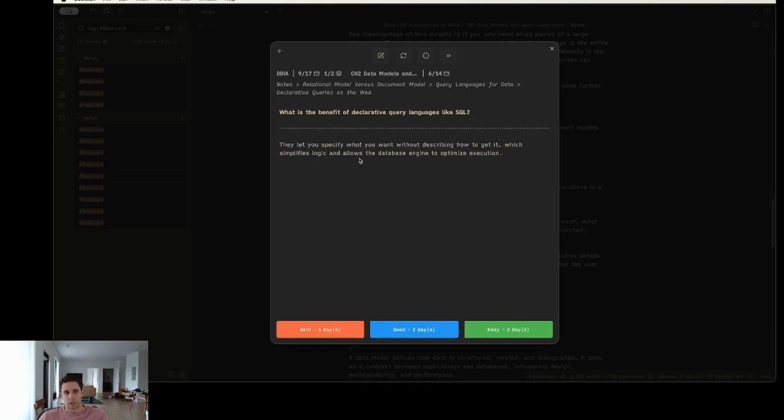How to get it, which simplifies logic and allows the database engine to optimize it. This one was good. It's the first time I saw it. We'll leave it as good.